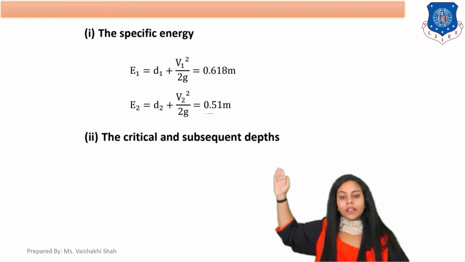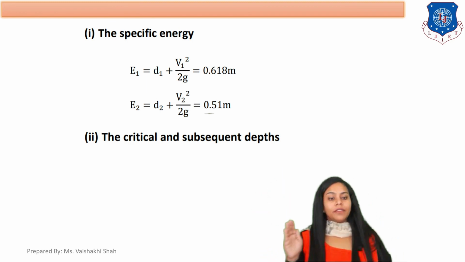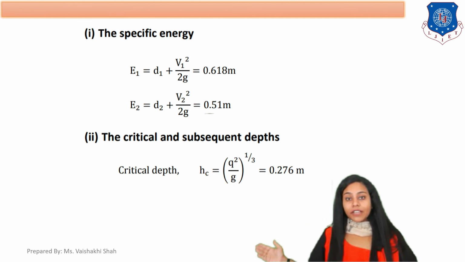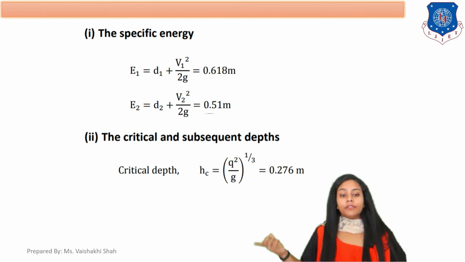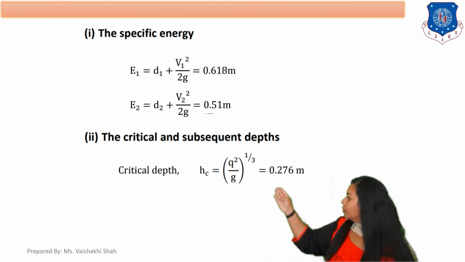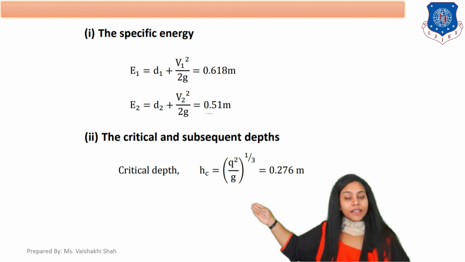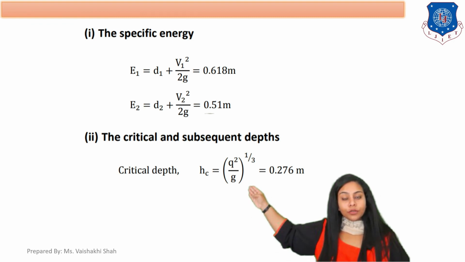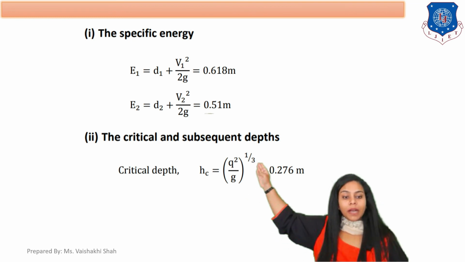Now, second, we have to find out the critical and subsequent depth. You have to remember the equation. The equation for critical depth, HC, equals q square by G raised to 1 by 3.